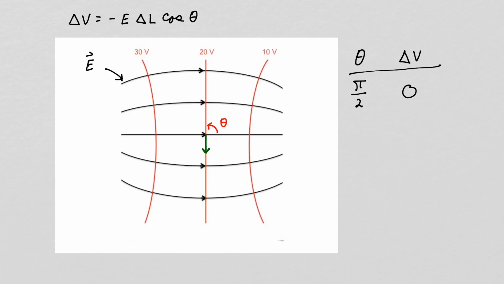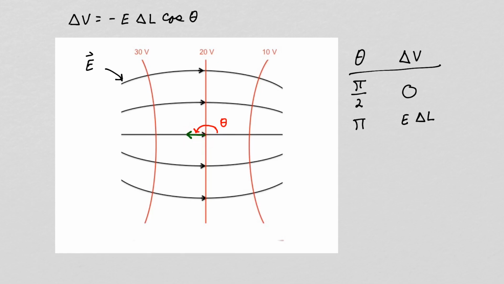So when theta is pi radians, cosine of theta is minus 1, and we get the maximum value for the voltage drop across our probe. And that voltage drop will be the electric field intensity times the length of the voltage probe.